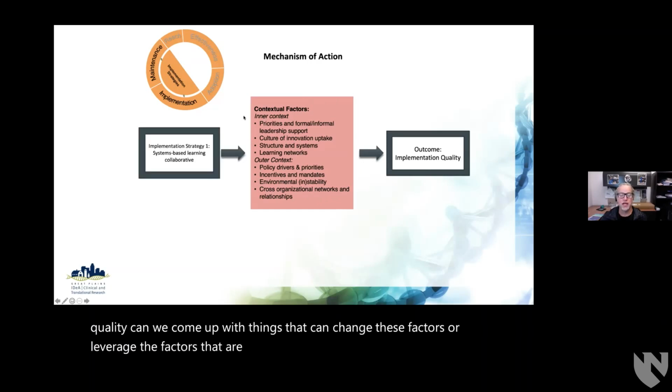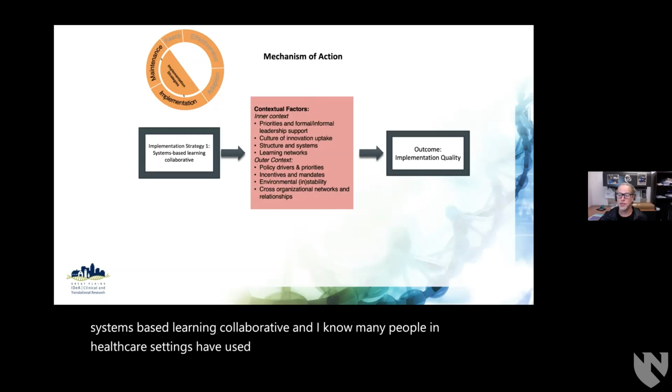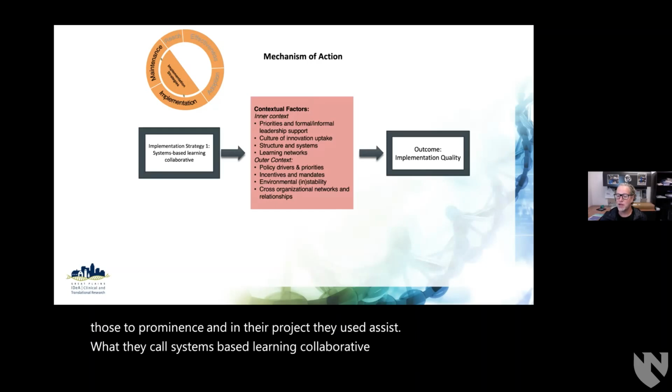And so in their project, they used a systems-based learning collaborative. And I know many people in healthcare settings have used learning collaboratives. IHI really kind of brought those to prominence. And in their project, they used what they call a systems-based learning collaborative that included having communities engage with them.